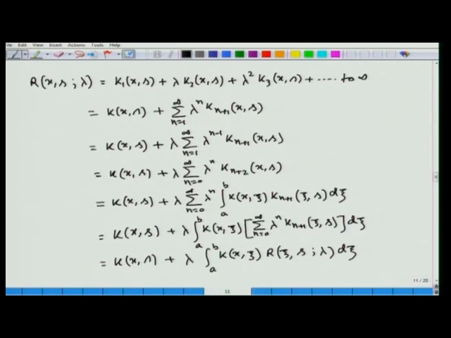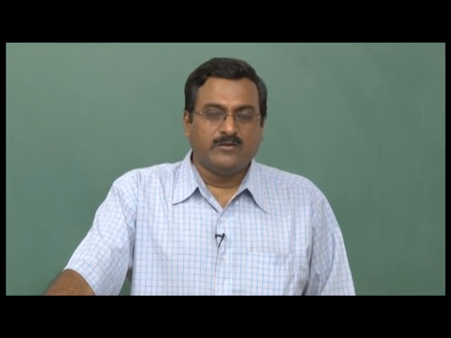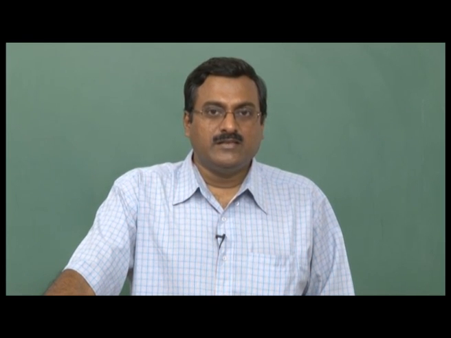Now, we are going to consider an algebraic method where we have to solve a system of linear equations, and by solving that system by some technique, we can find the solution of the Fredholm integral equation, which is a non-homogeneous Fredholm integral equation with degenerate kernel.